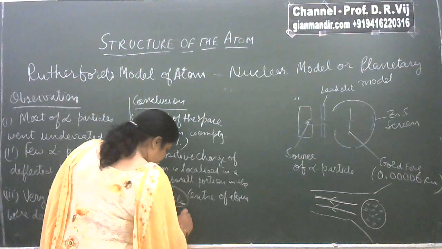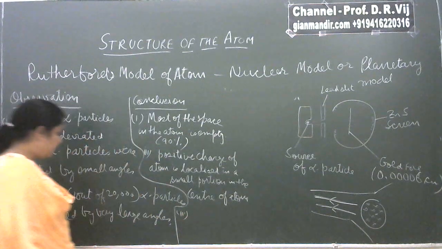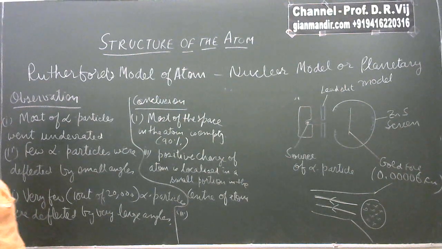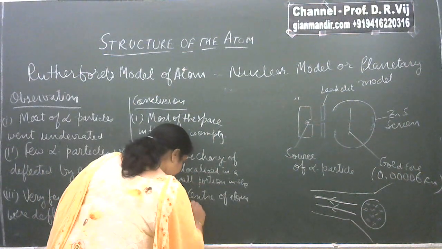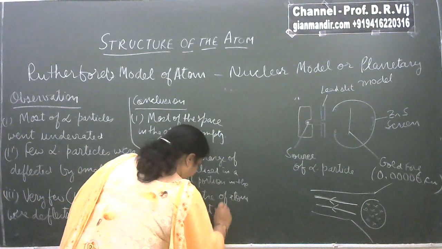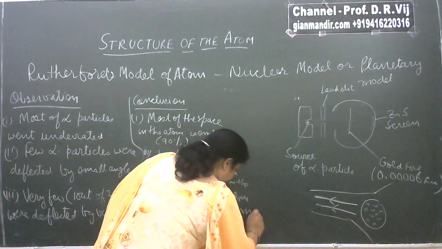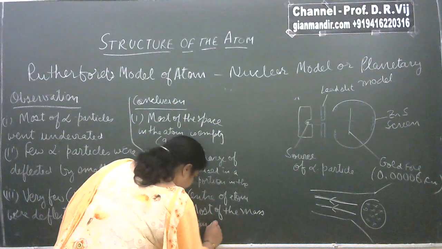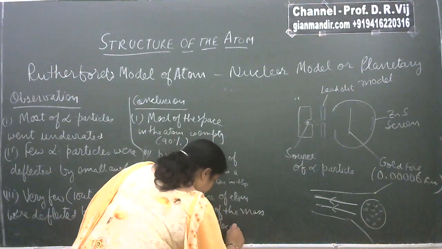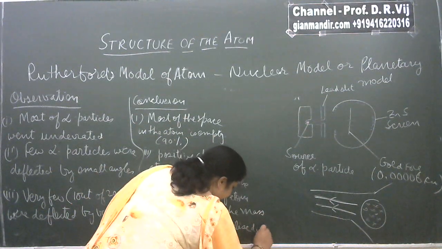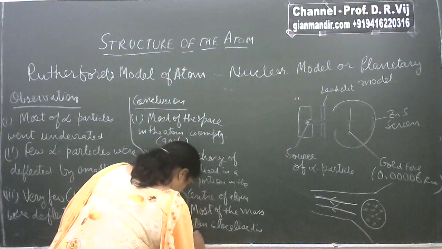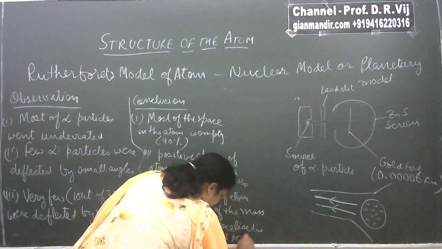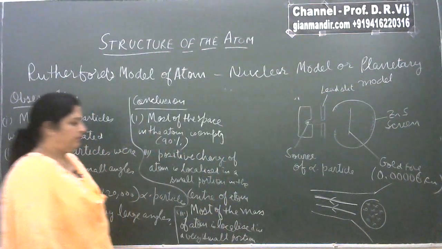And another conclusion which he got from here: as very few, the rarest alpha particles, were deflected by large angles, it shows that most of the mass of the atom is localized in a very small portion of the atom.